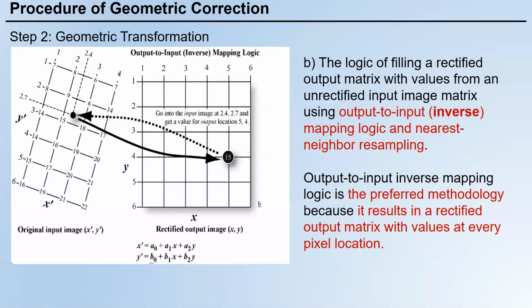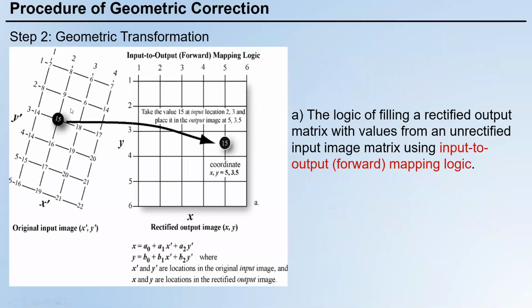Usually it is recommended to use this method because it's convenient. We don't have to do anything on output image pixels because each pixel should have a value from the input image, and you do the resampling in the input image.